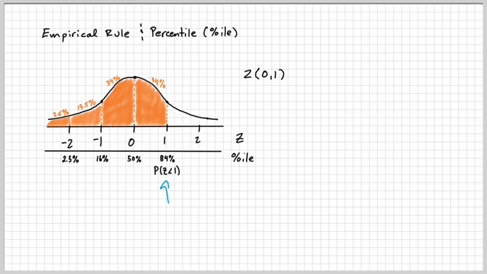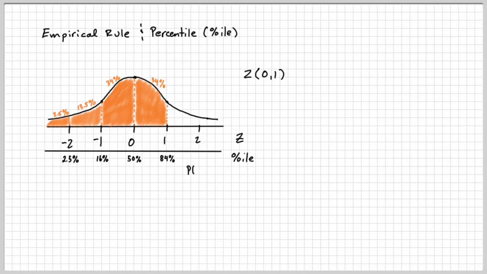Any number that's less than 1 is going to be captured in that probability. In this case, it's going to be 84%. How likely is it that you'll find a point here, let's say, based on the probability of z being less than 1? Pretty likely, it's 84%. 84% is a pretty high number.